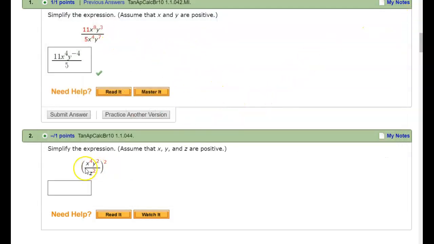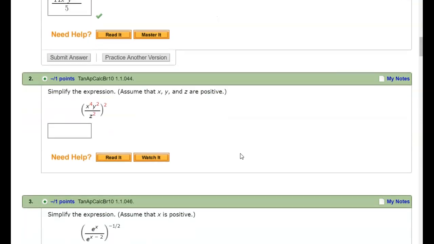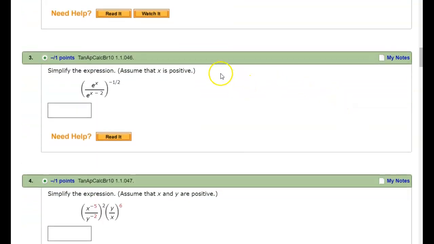So the first few of these are really just like the first examples we did in the 1.1a video. We want to simplify the expression. Here, I may not know what e is. This will be covered in our course in chapter 3, I think, for the first time. But e is just a number. This would be like 3 to the x, 3 to the x minus 2.